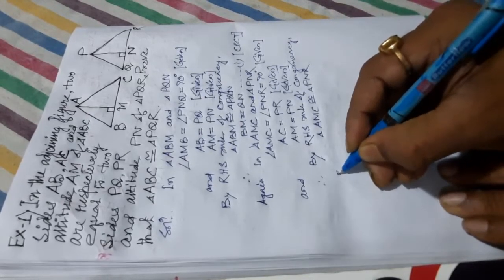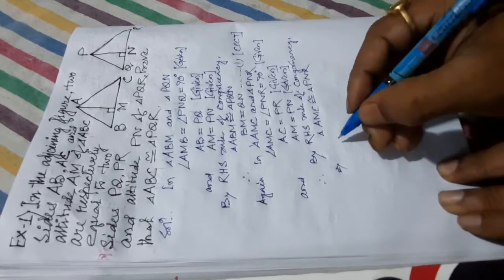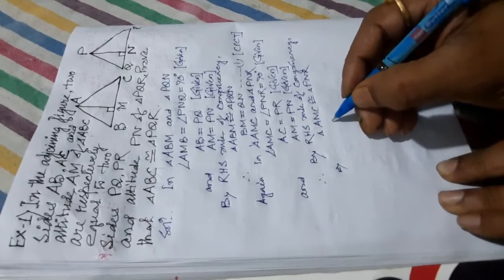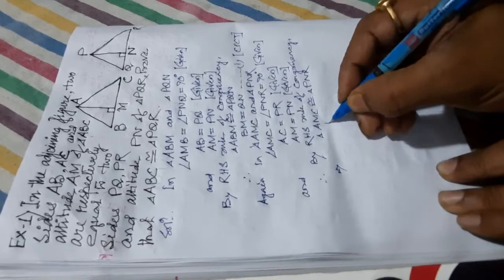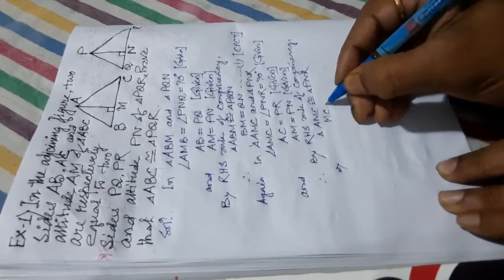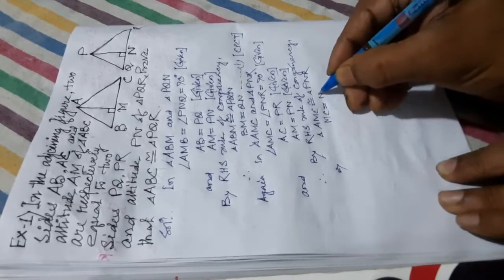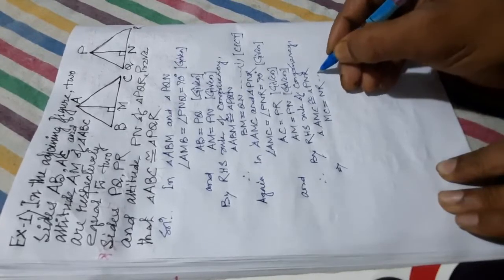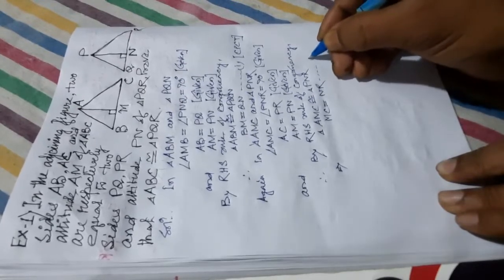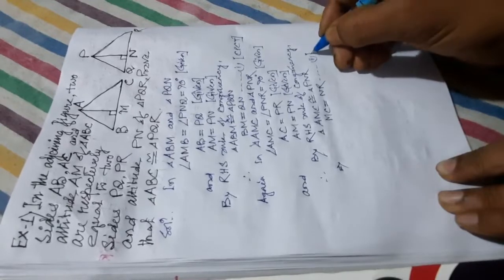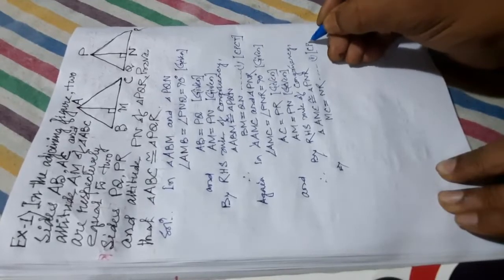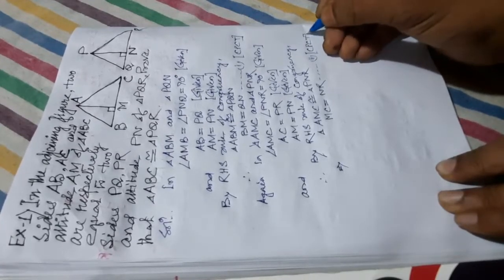That implies MC is equal to NR. Corresponding parts of congruent triangles.